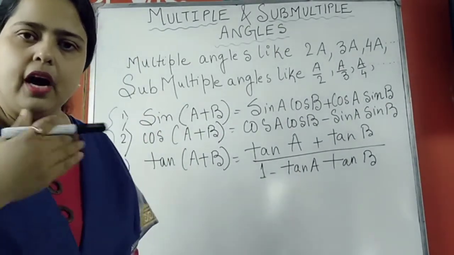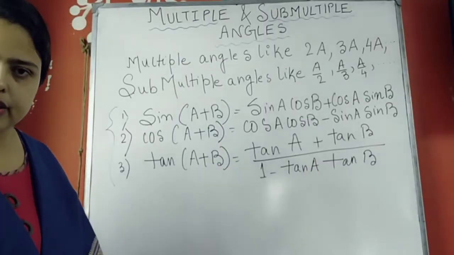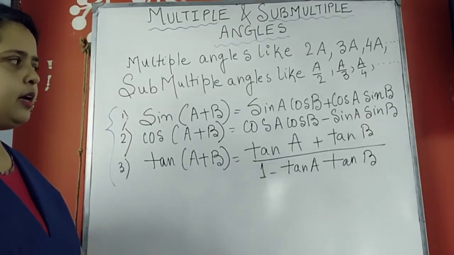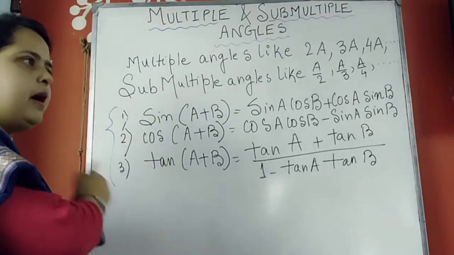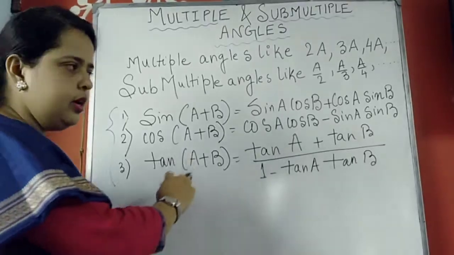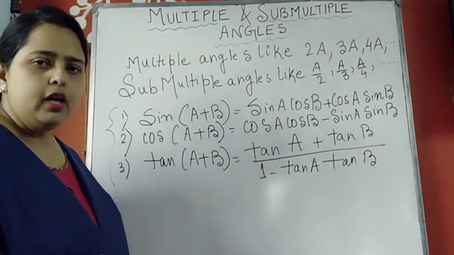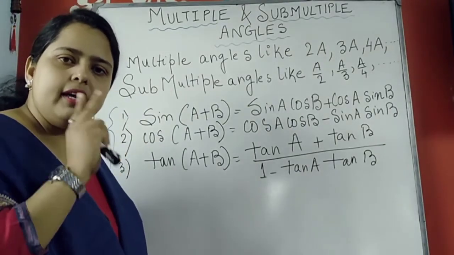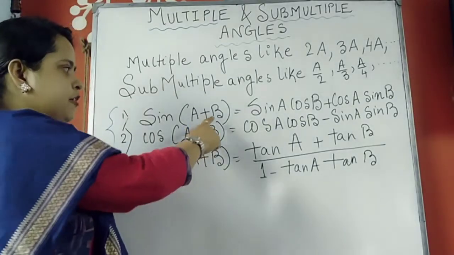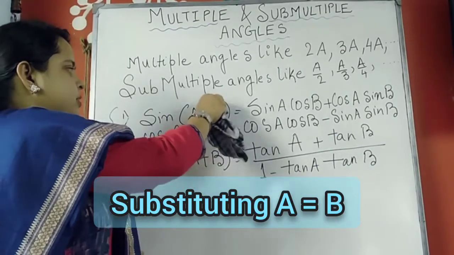Now, let me start the introduction to all these formulas which I will be writing today from compound angles. The first one I have written for you is sine of A plus B is sine A cos B plus cos A sine B. Here there are two angles, A and B. I will substitute A in the place of B. Let us see what happens.